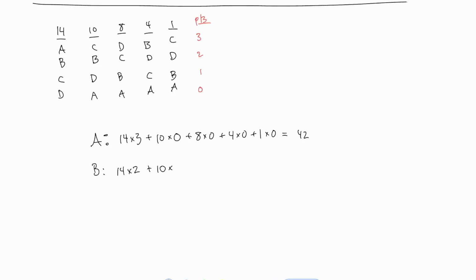I go 10 times, this position is where B is, that's 2 points, so it's 10 times 2 here. Next over, I go 8 times 1, that's because this is an 8 column and 1 point each for the B here. Next over, I go 4 times 3, because this is 4 voters, 3 points each. And finally, it's going to be a 1 times a 1.